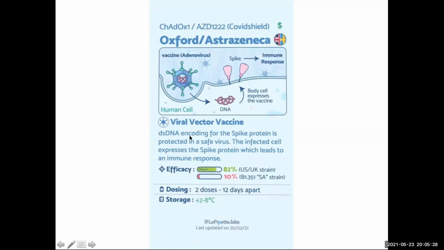How does the Oxford AstraZeneca vaccine, which was introduced to Sri Lanka as COVID initially from India, work? In the vaccine, there is the genetic part, the DNA component that can produce, we know that genes are the ones that produce proteins.